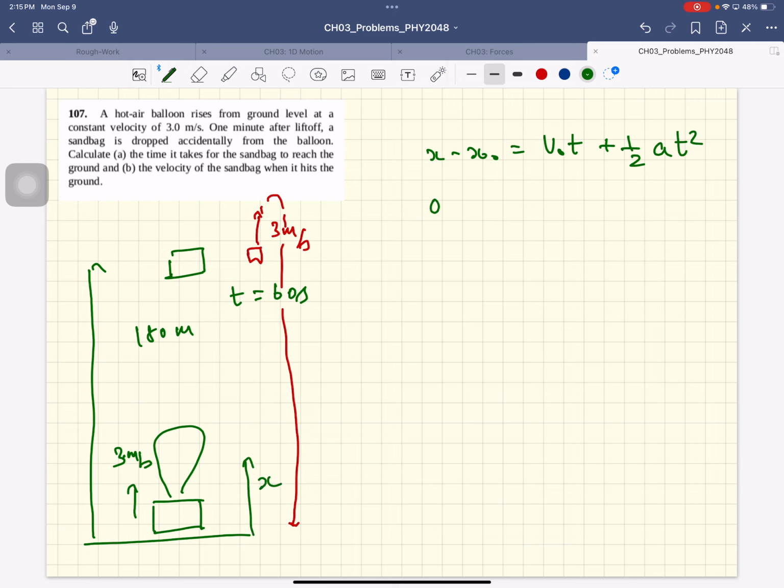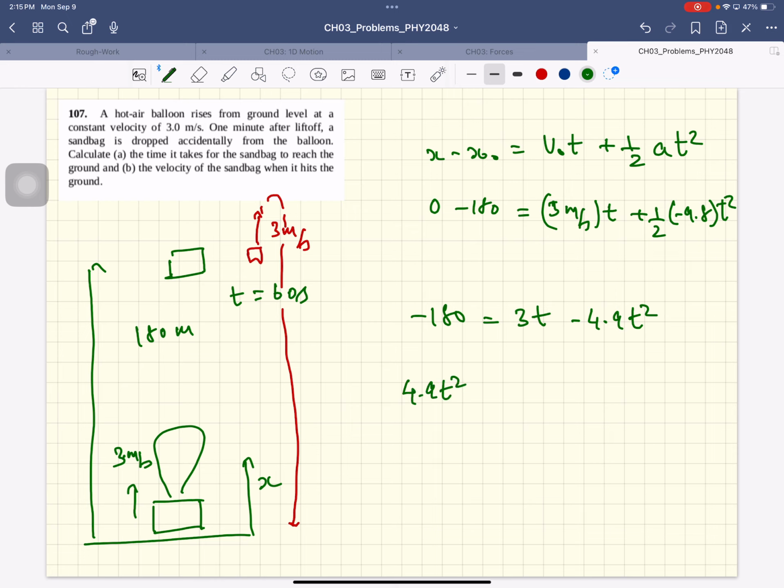Final x is 0 meters. Initial x is 180 meters. Initial velocity is 3 meters per second plus 1/2 times negative 9.8 meters per second squared t squared. So minus 180 meters equals 3t minus 4.9 t squared. I'm not writing units because it gets messy. So 4.9 t squared minus 3t minus 180 equal to 0.